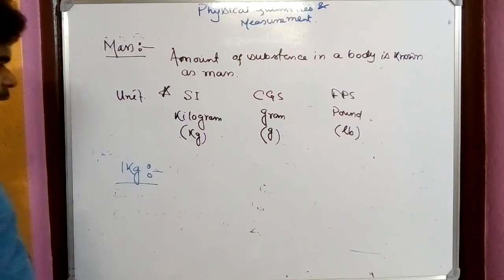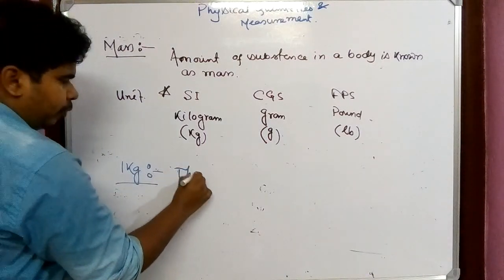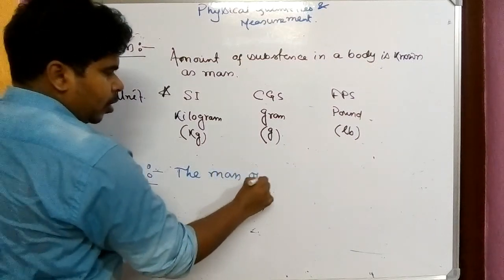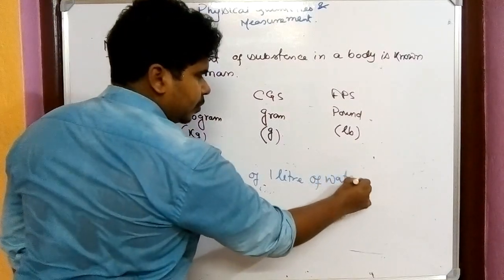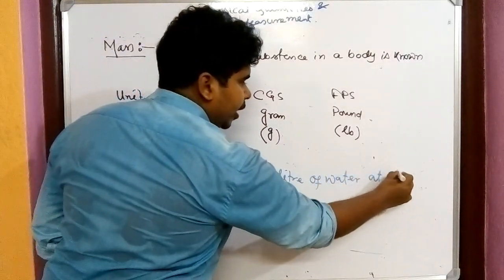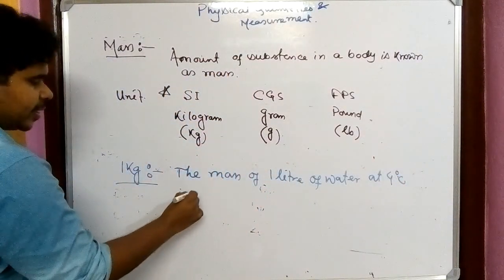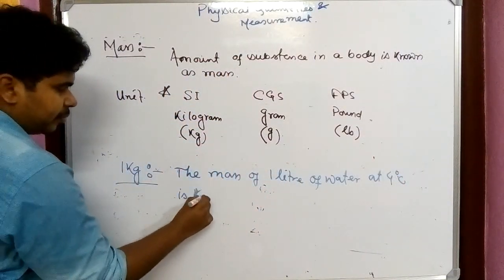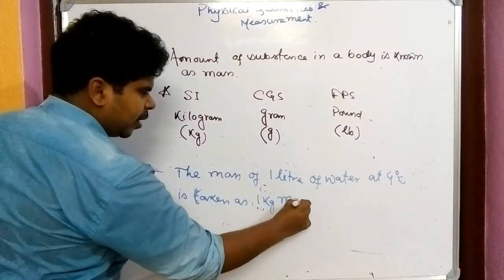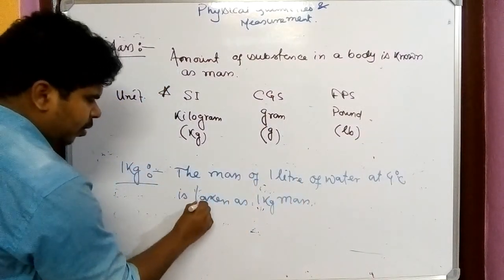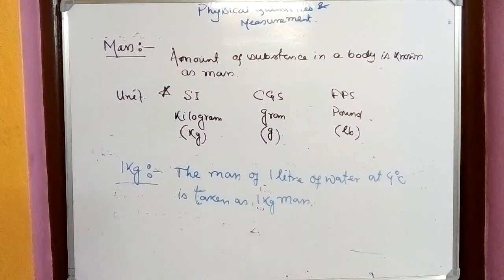It is told that the mass of 1 liter of water at 4 degrees centigrade is taken as 1 kg of mass.